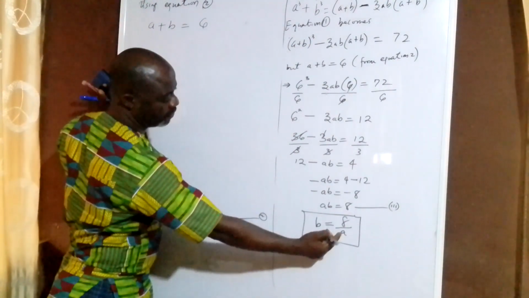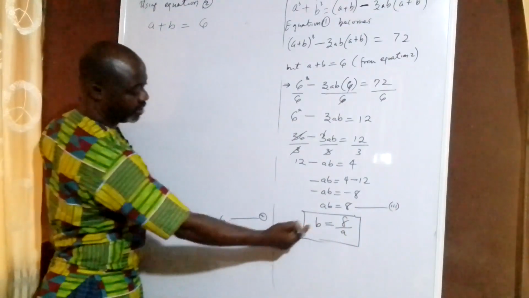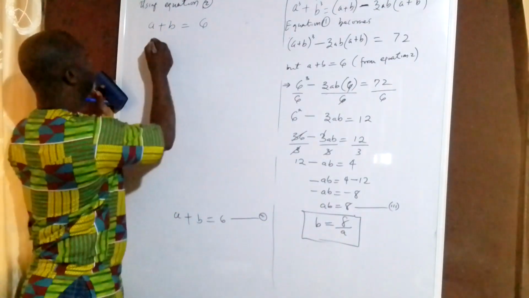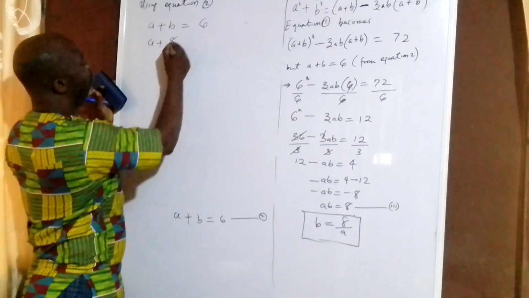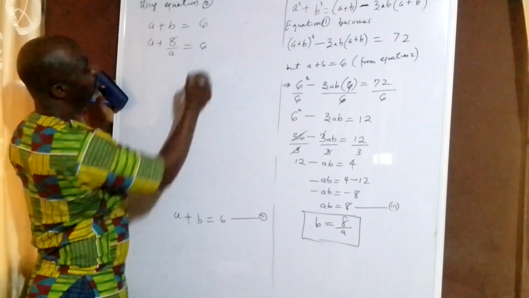But b is 8 over a, so whenever we see b, we put 8 over a. So we have a plus 8 over a equal to 6.